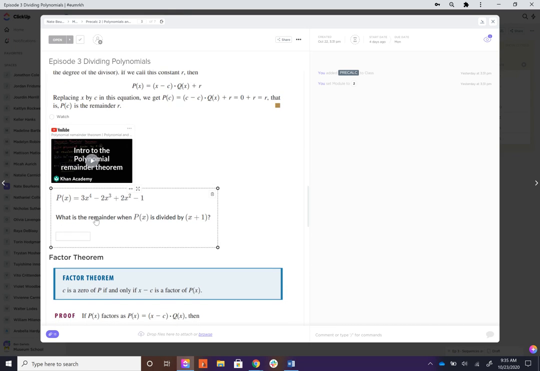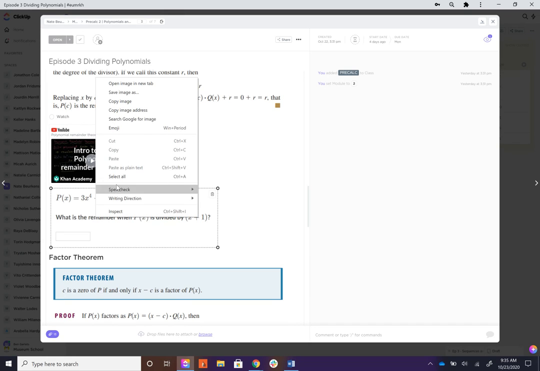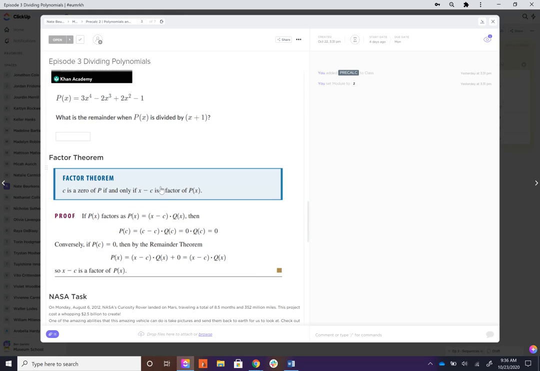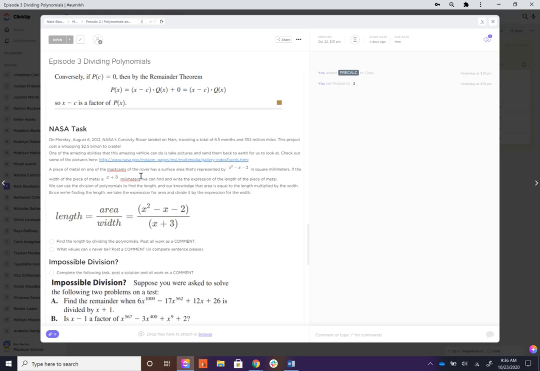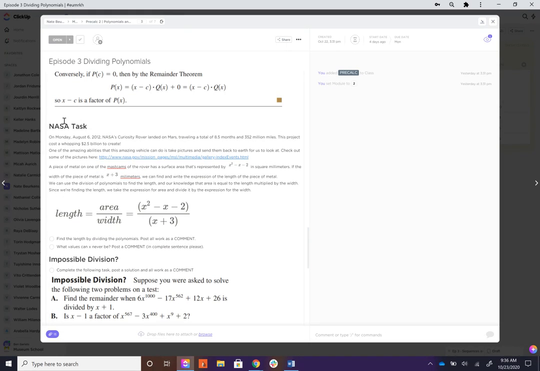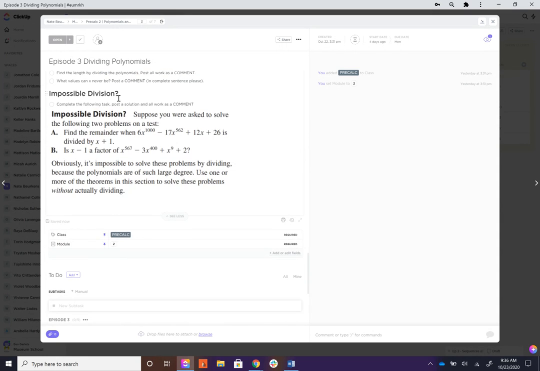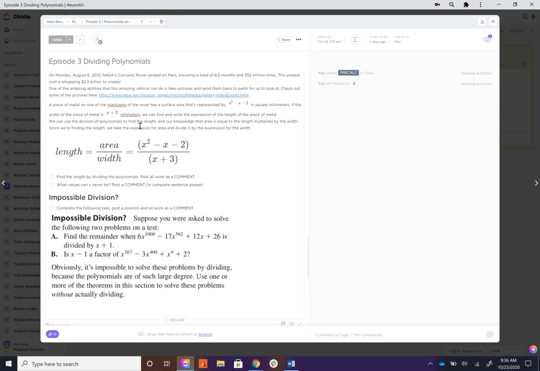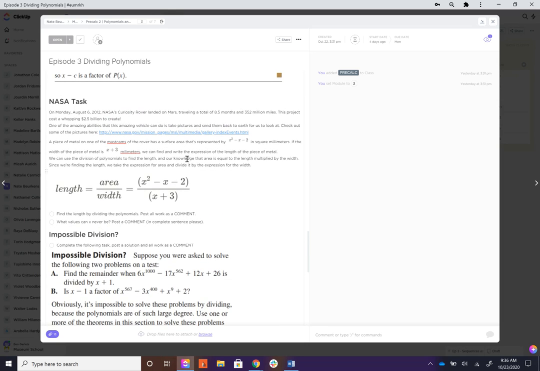We actually might talk about this. So I'm going to copy this. Factor theorem, and then lastly, a couple of tasks, the NASA task, and then an impossible division task. So those are the things that you're going to be concluding with.